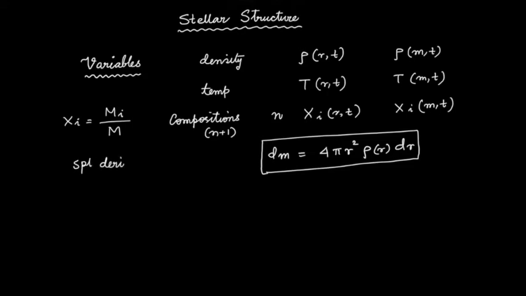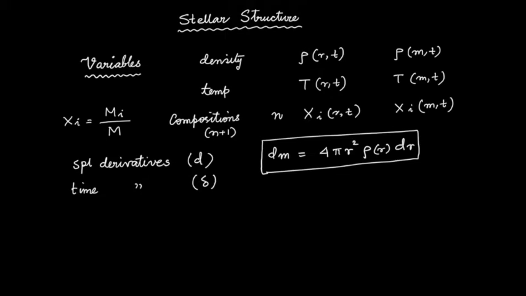When I write the spatial derivatives, spatial also means with respect to mass sometimes, because r and m will be used in an equivalent way. So I will write spatial derivatives in terms of d, and time derivatives I will write in terms of delta. This is just for the conventions that we'll be using.